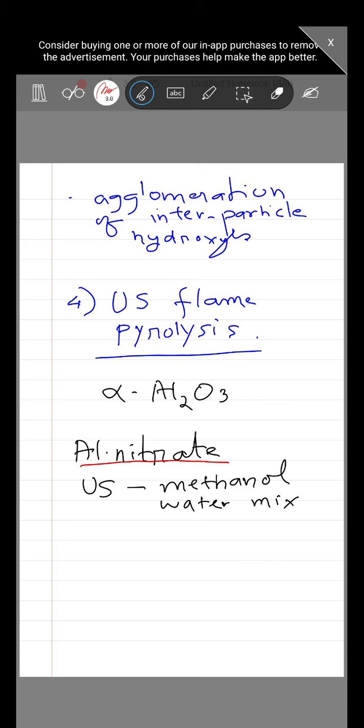This aluminum nitrate is dissolved in this ultrasonic treated methanol-water mixture, and then it was pyrolyzed. The next step is the pyrolysis in an oxypropane flame.